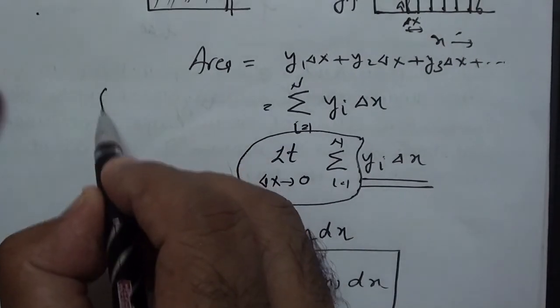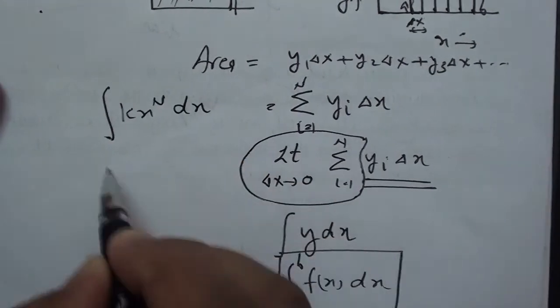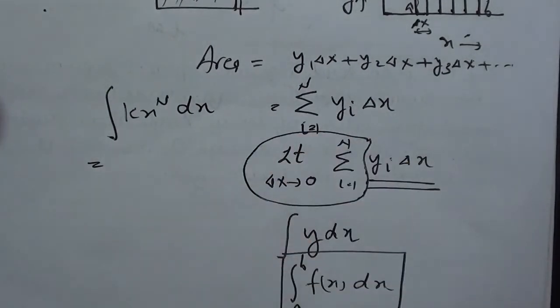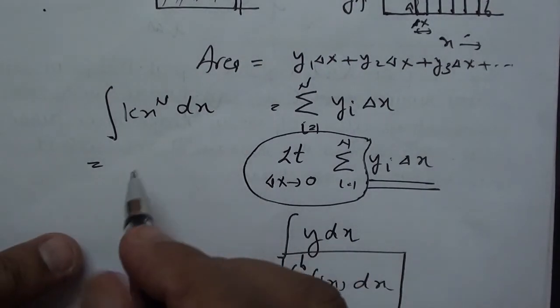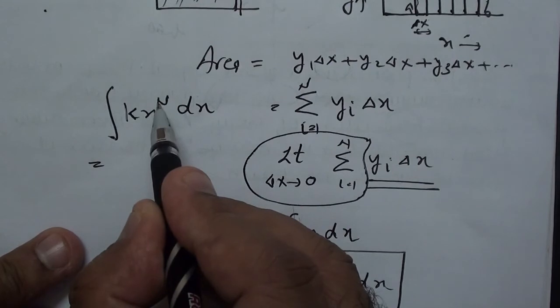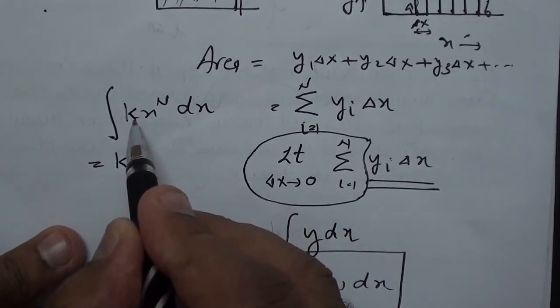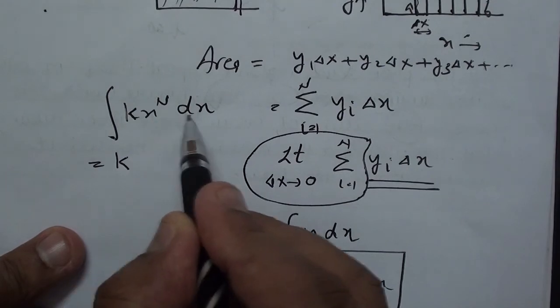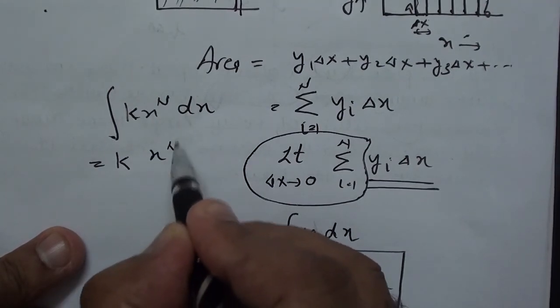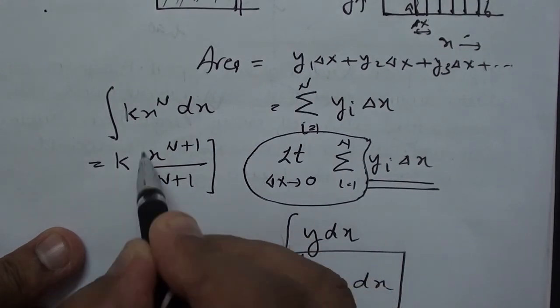I am giving you a very common expression that we will be using. Other expressions, you can refer any book. We have a number of formulas. So if we have a constant times x raised to the power n dx, then constant remains just like this as we have done in differentiation. Integral of x^n dx is x^(n+1) upon n+1.